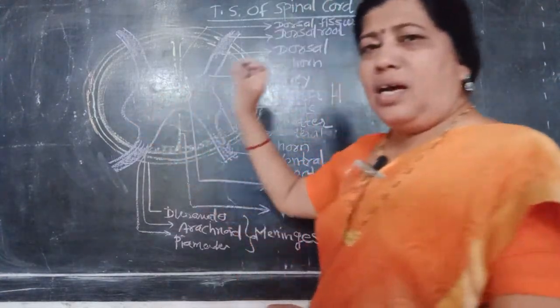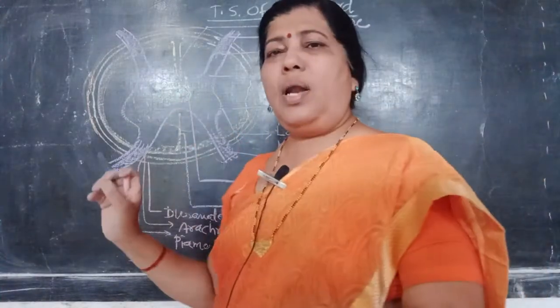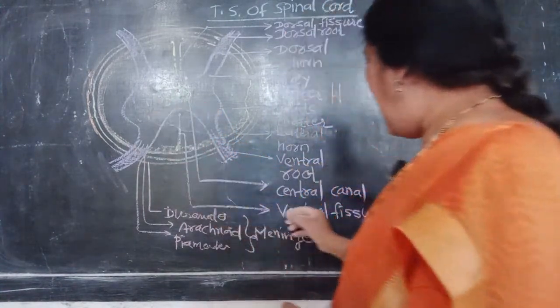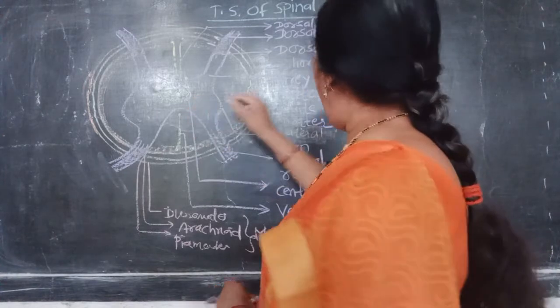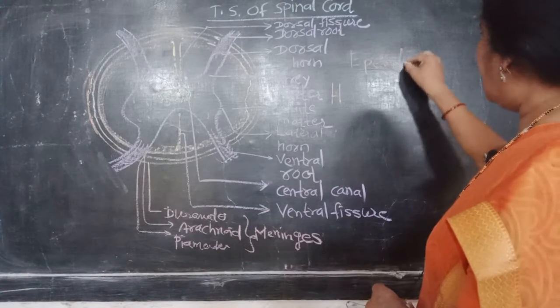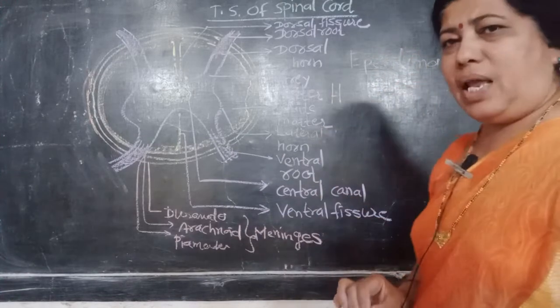Central canal runs through the length of the spinal cord, it is filled with cerebrospinal fluid, and it is lined by specialized cells called ependyma cells.